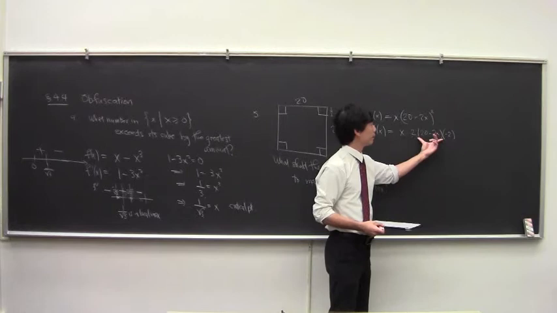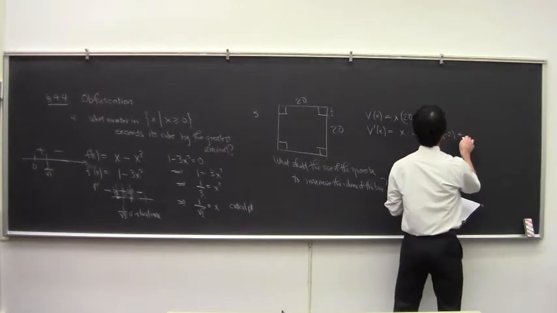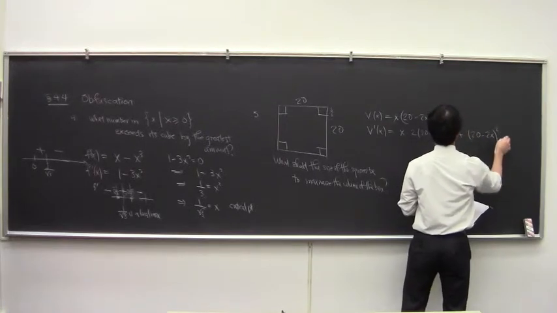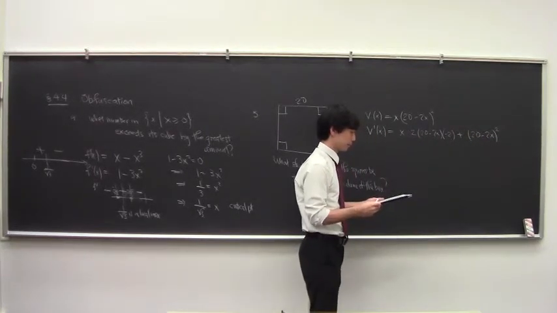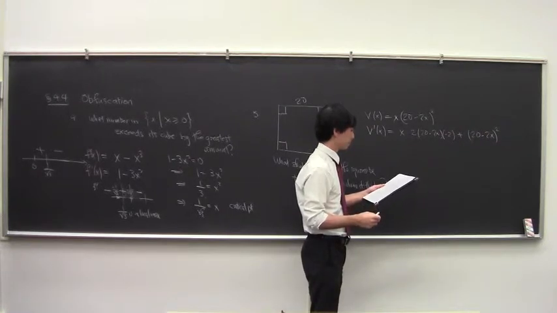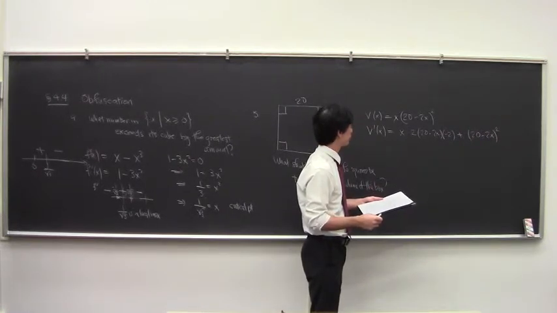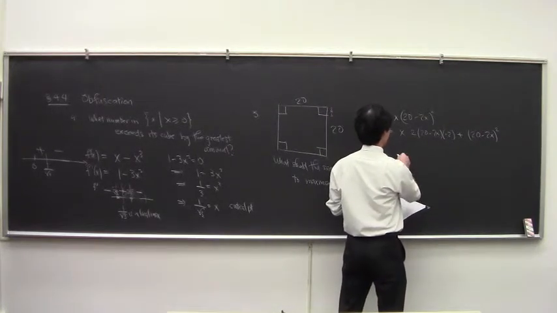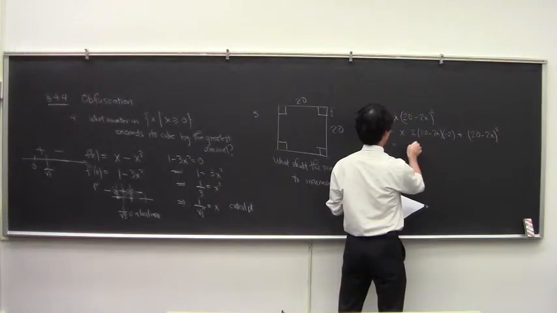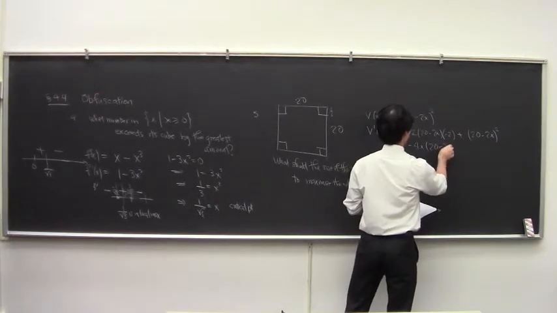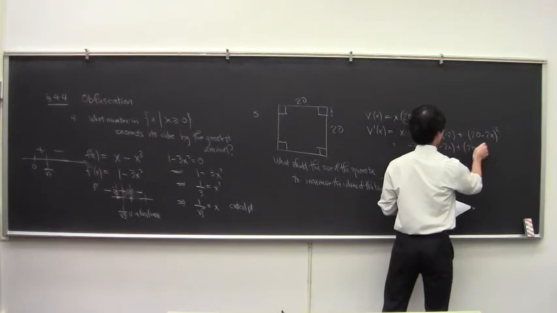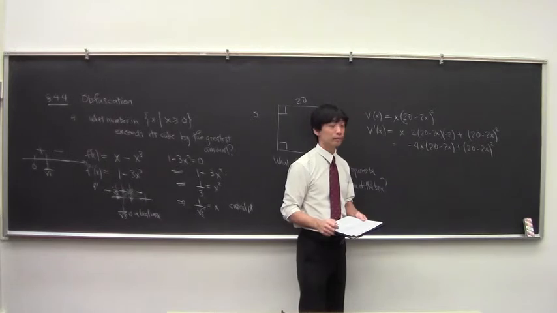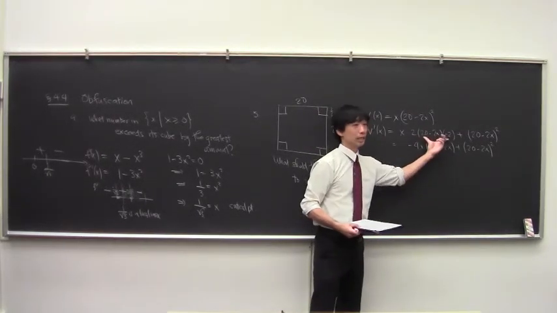Right, so the first times the derivative of the second, plus the derivative of the first times the second. And so what does that work out to be? You have this negative 4x times 20 minus 2x, and another 20 minus 2x squared. Like that's a 2 and the negative 2.